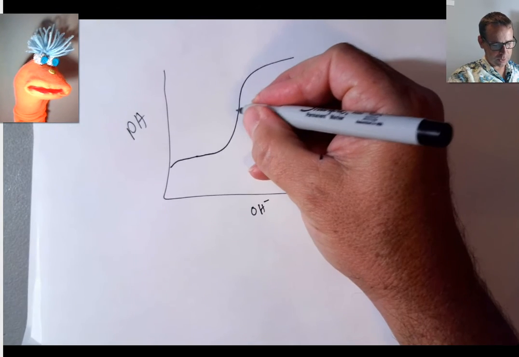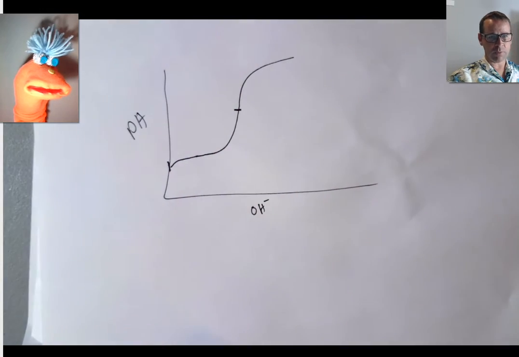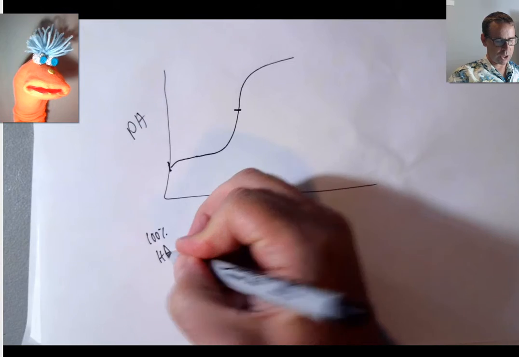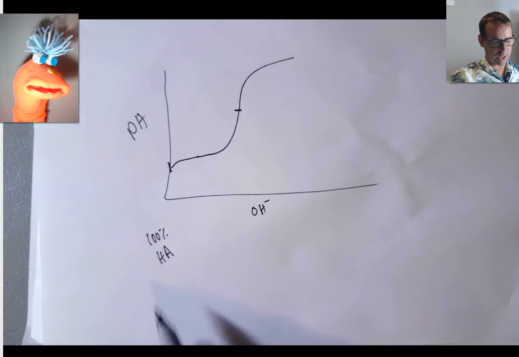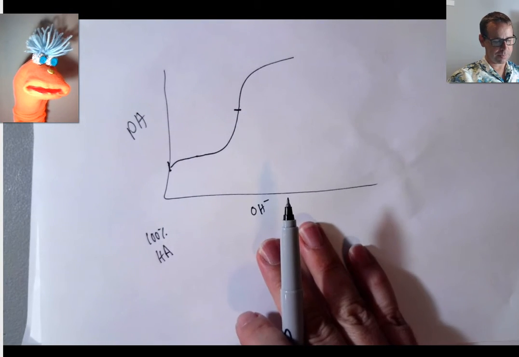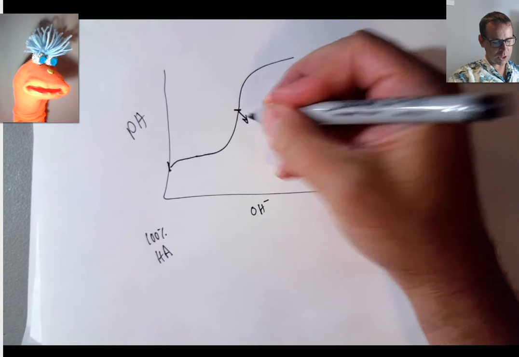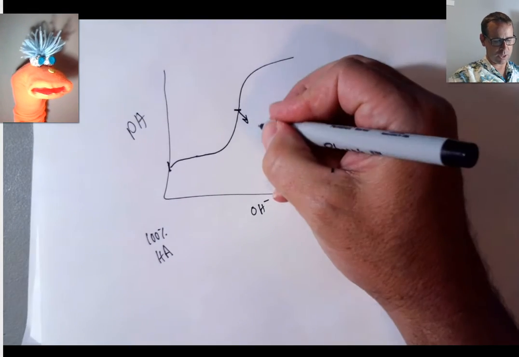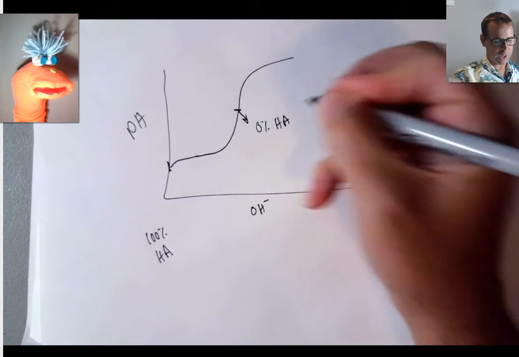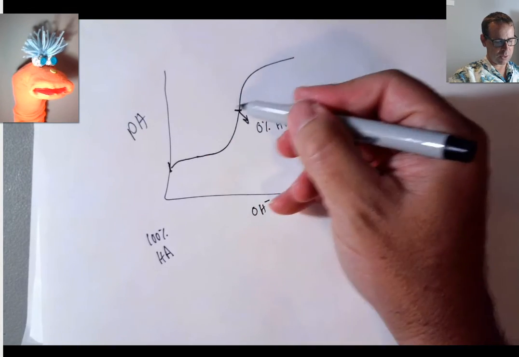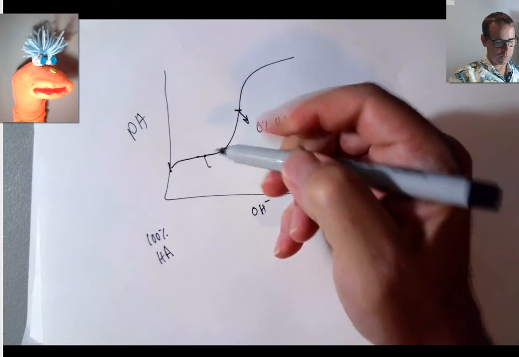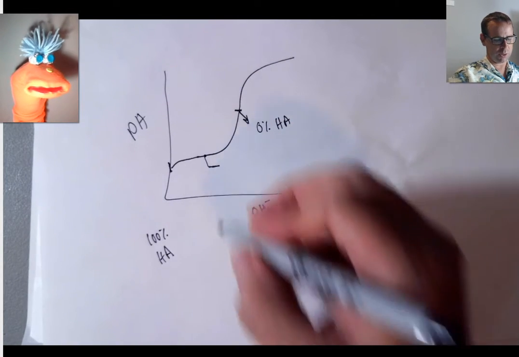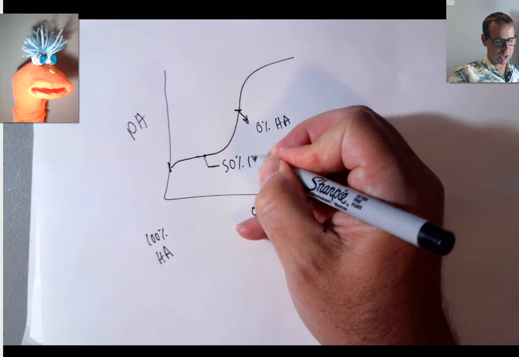Then we start off here with all of our acid, 100%. So I'm going to say 100% at this point is HA. Now this is a weak acid, but it doesn't matter what acid, it's some generic acid. Okay? At this point, what concentration of HA do we have? It's all gone, 0%. That's right, 0% HA. And halfway in between here, right about there then, what's our percentage HA? It's 50%. That's right, 50% HA.